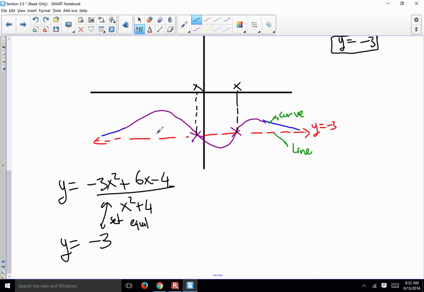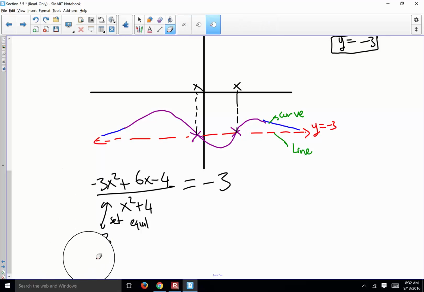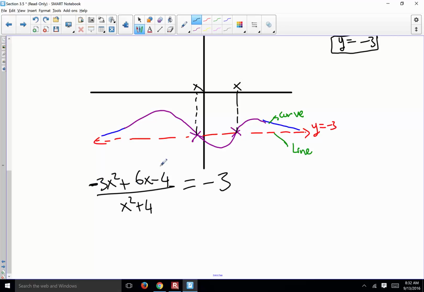I'm going to put this -3 to this side right here, and I'm going to solve it. Here we go. Okay, so take the equation of the curve, take the equation of the line, set them equal to each other. How do you solve such a mess? What's the idea? What's the trick? This is a fraction.